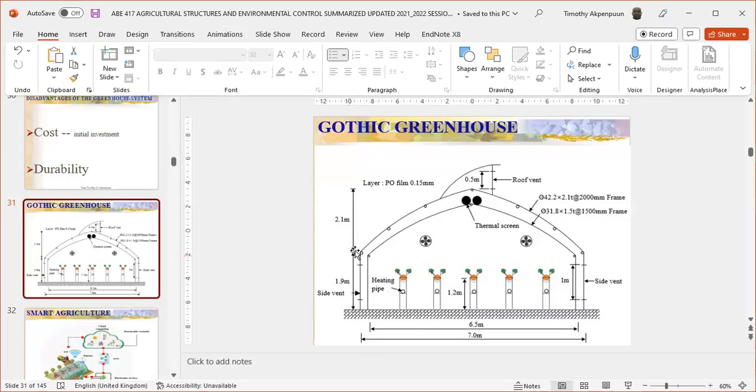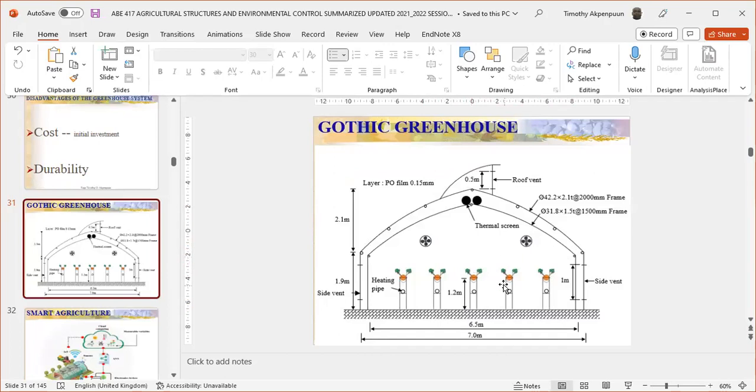You are seeing the cursor. Can you see the cursor? Yes, sir. Okay, good. So the thermal screen on the left side comes down and stops here. This one comes down and stays here. On cold nights or cold days, it makes sure that the heat within the greenhouse stays within the greenhouse, right?